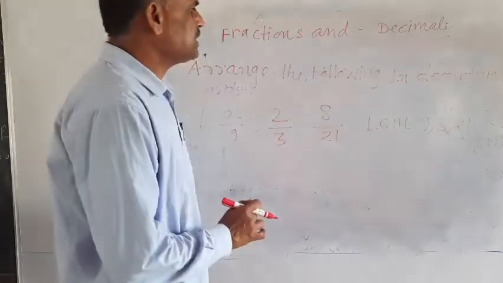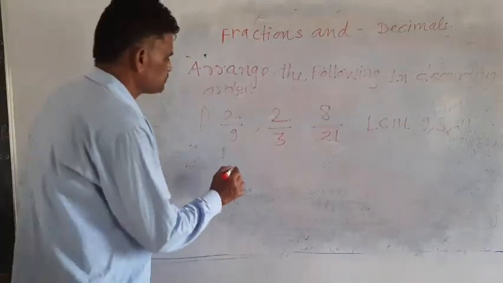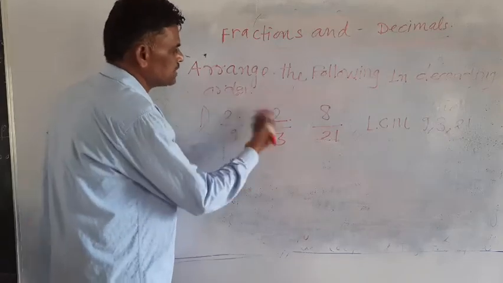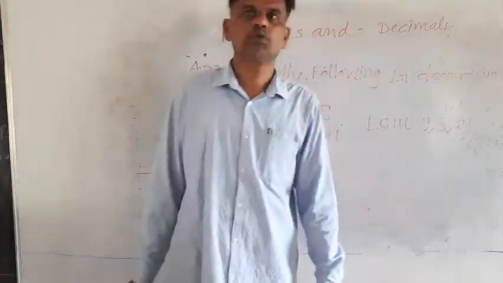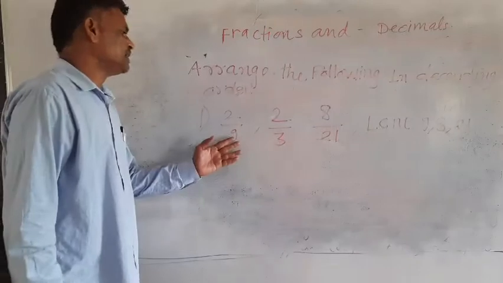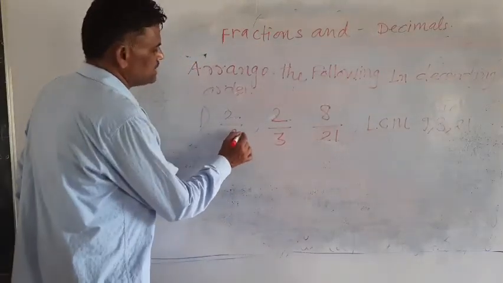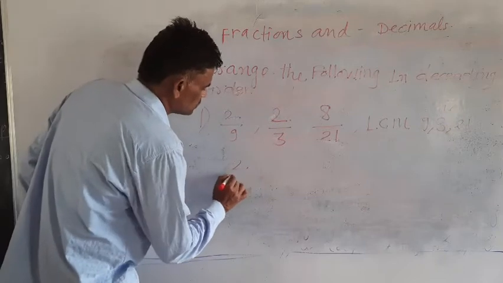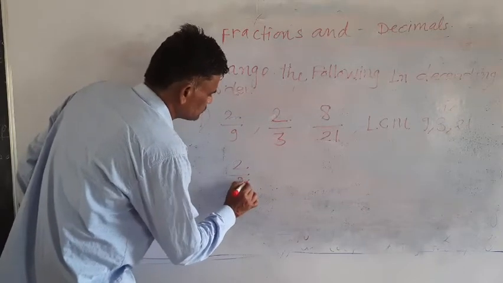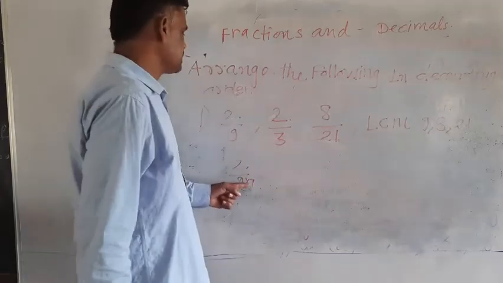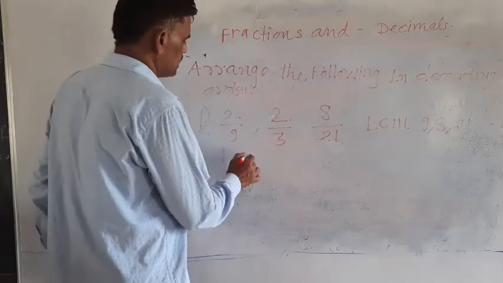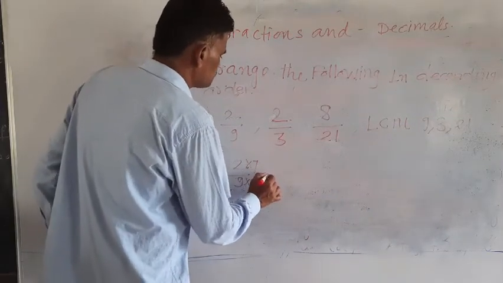Then we can convert this fraction into denominator as 63. 9 sevens are 63, so 2 by 9 becomes 2 sevens.